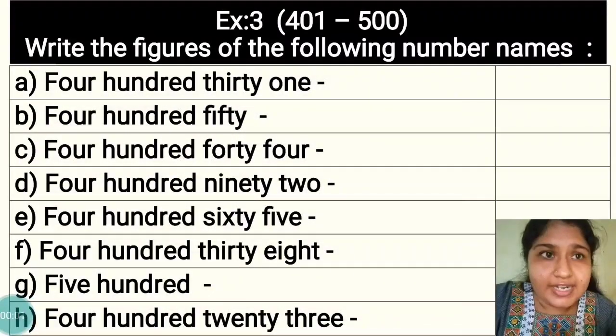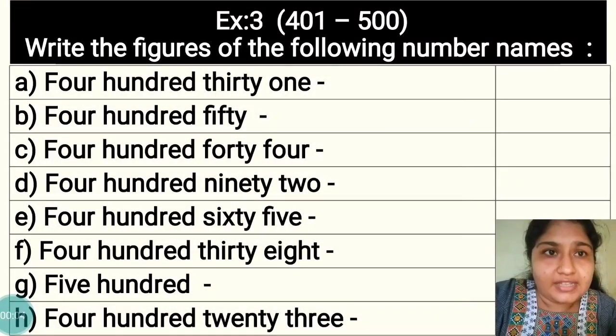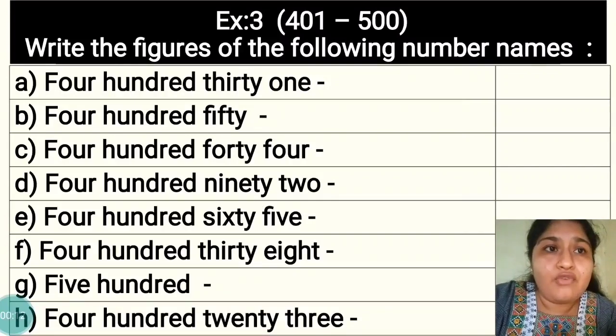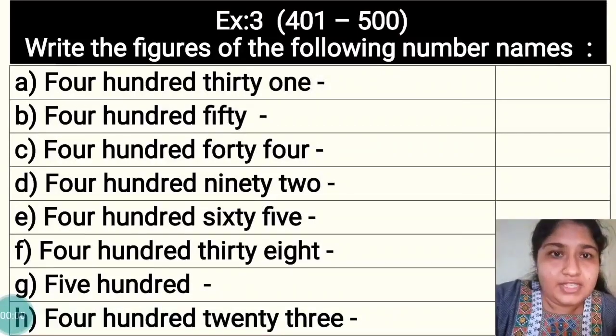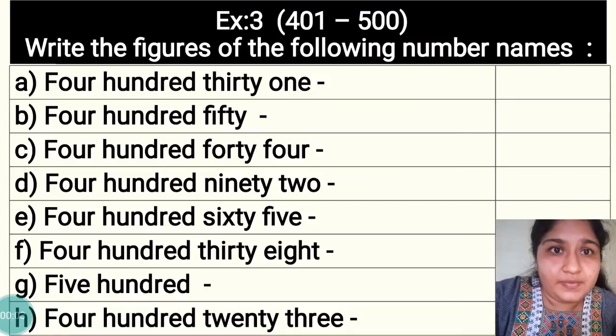Now students, write down exercise 3. Write the figures of the following number names. As you can see here that different number names are given between 401 to 500, and we have to write down the figures of these number names. First is 431.